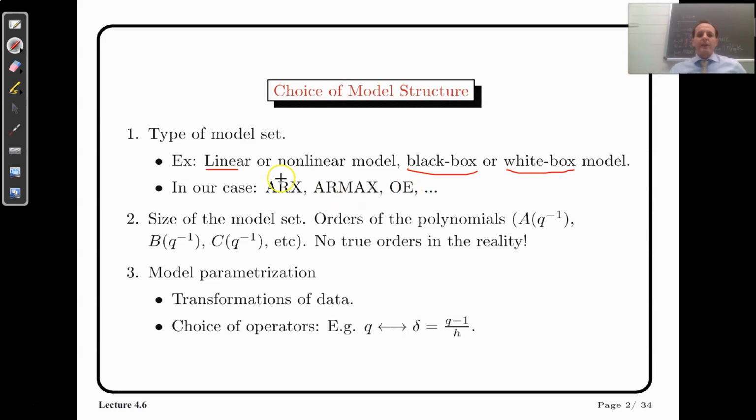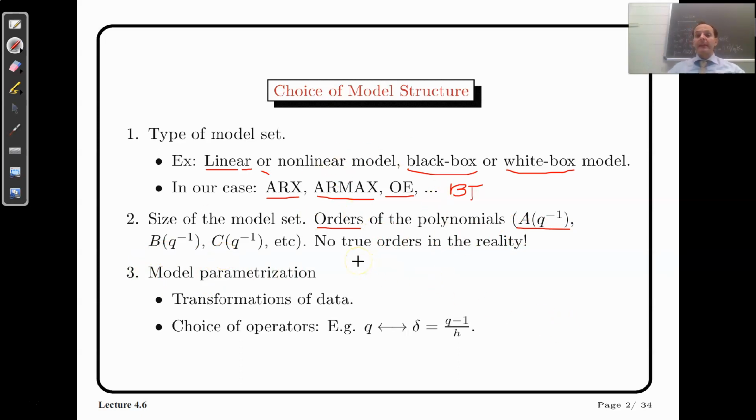So in our case, when we are considering a linear black box model, we are assuming a structure, in particular ARX, ARMAX, output error, or Box-Jenkins. The second point is the size, so it means the order. As is written here, the orders of the polynomials, in particular A, B, C, depending on the assumed structure.